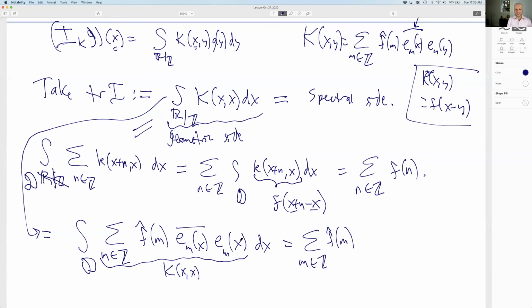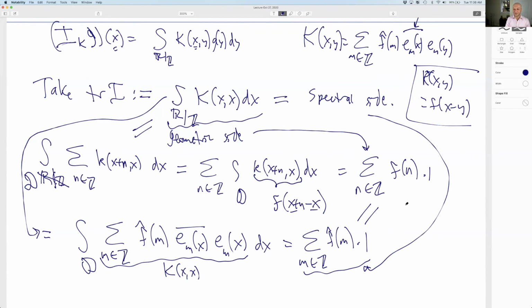This is the norm of e_m squared, which has value 1. So I'm integrating 1 over D, times 1. So this is the spectral side of the trace formula. This is the geometric side of the trace formula. And the two are equal, and that is why Poisson summation is a baby trace formula.